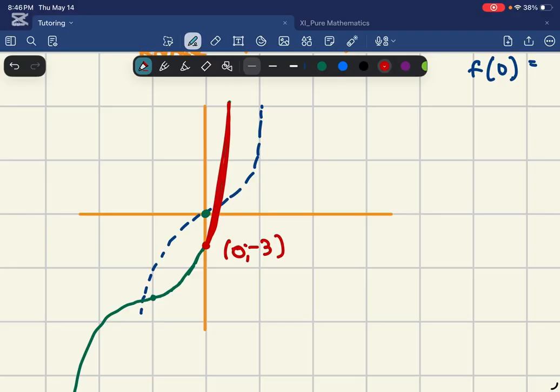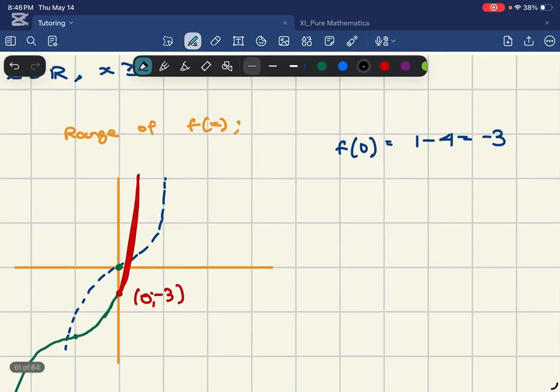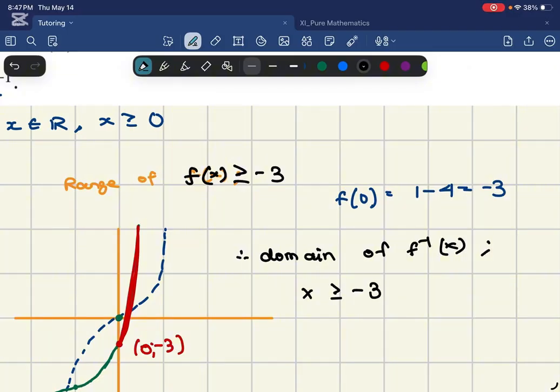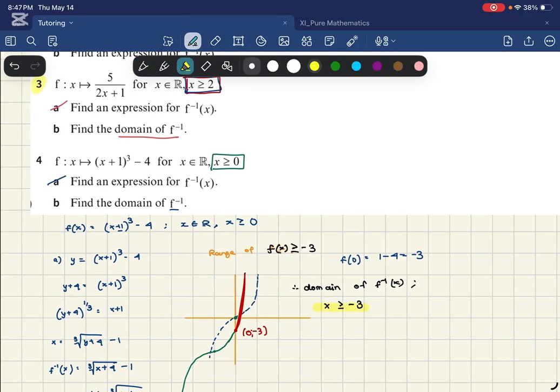So that is going to be the range. So your range of f of x is that f of x is bigger than or equal to negative 3. Therefore, the domain of f inverse of x is that x is bigger than or equal to negative 3. And we are done.